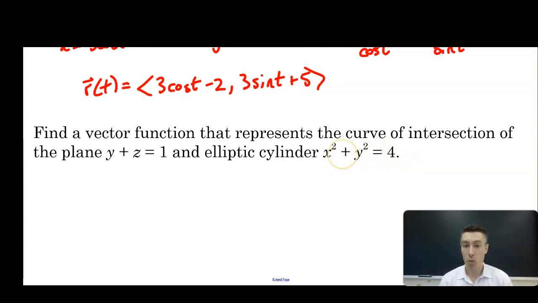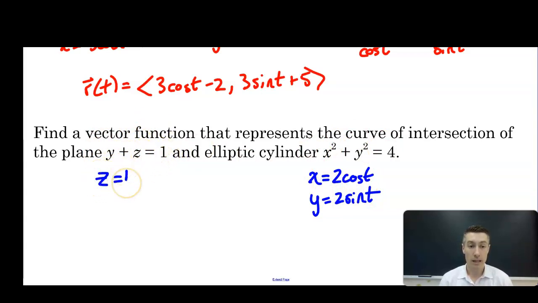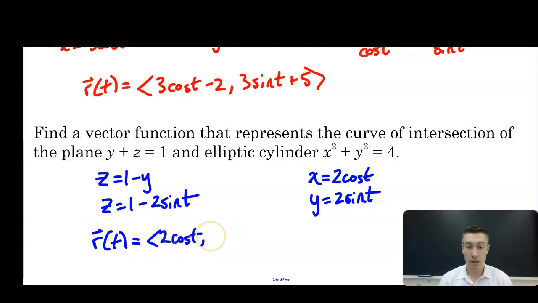So without solving for 1, let's try to be more direct here. x would be 2 cosine t, y would be 2 sine t, and now that we have x and y defined, we can go into the equation of the plane here, the same one from the previous slide. We can say z is equal to 1 minus y, which in this case means 1 minus 2 sine t. And r of t equals ⟨2 cosine t, 2 sine t, 1 minus 2 sine t⟩.